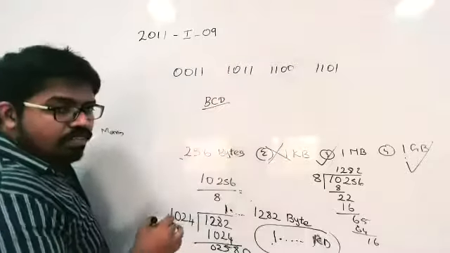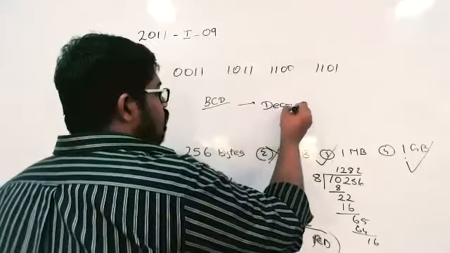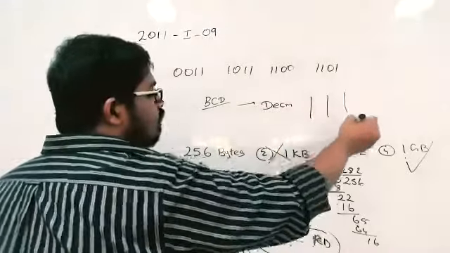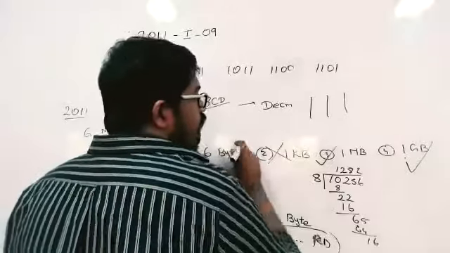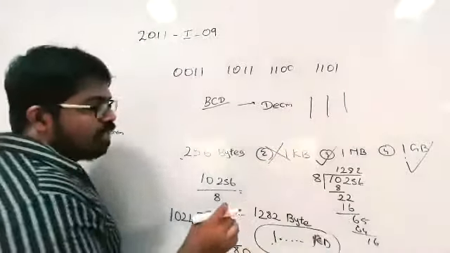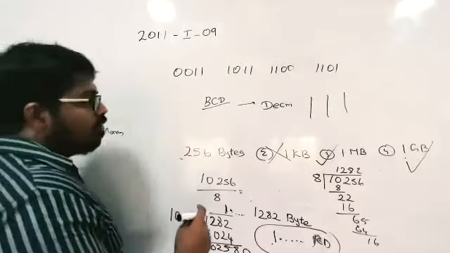So you have to get an idea about BCD. In BCD conversion, the decimal number will be divided into single digits. Each and every single digit will be separated, and those separated digits will be converted into 4-digit binary values.